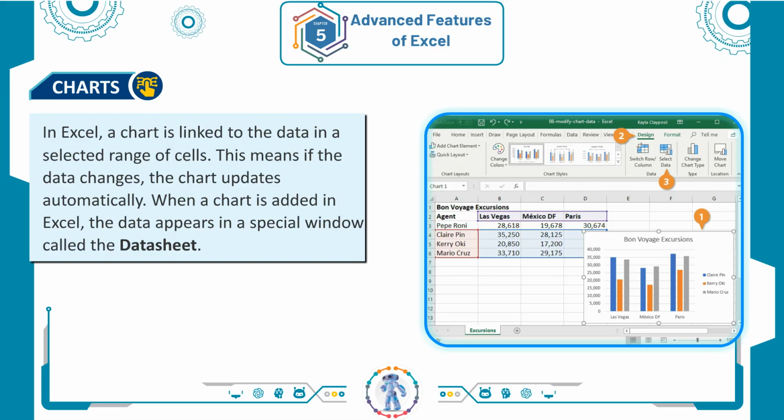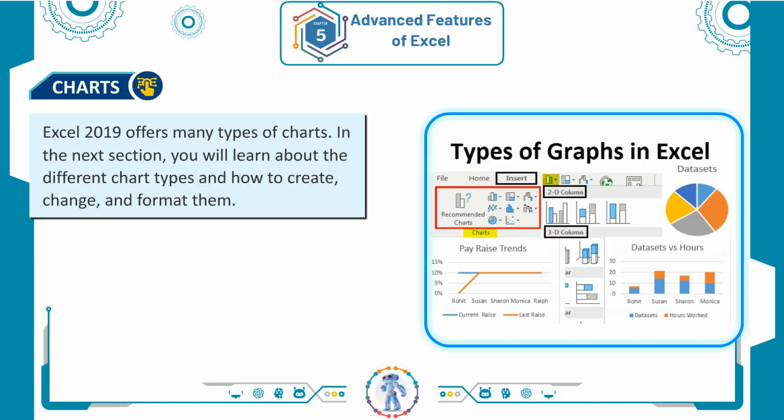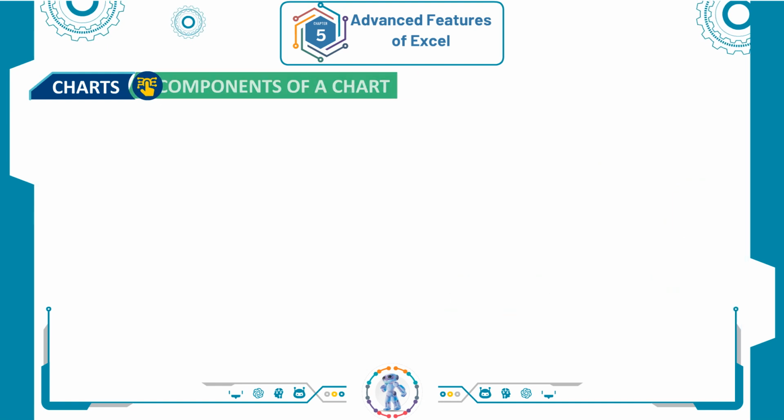This means if the data changes, the chart updates automatically. When a chart is added in Excel, the data appears in a special window called the data sheet. Excel 2019 offers many types of charts. In the next section, you will learn about the different chart types and how to create, change, and format them.